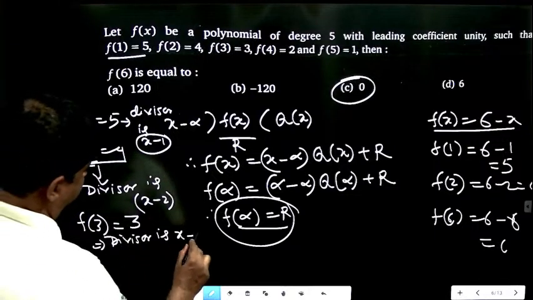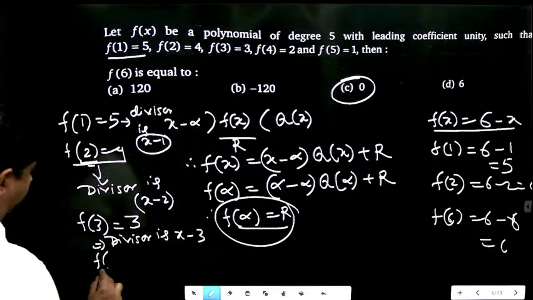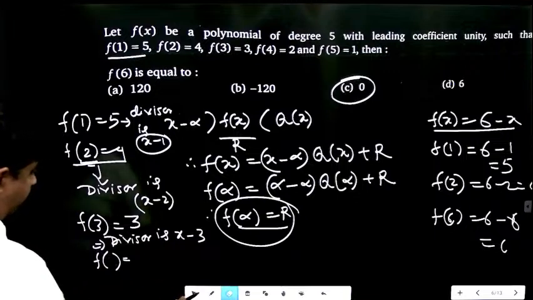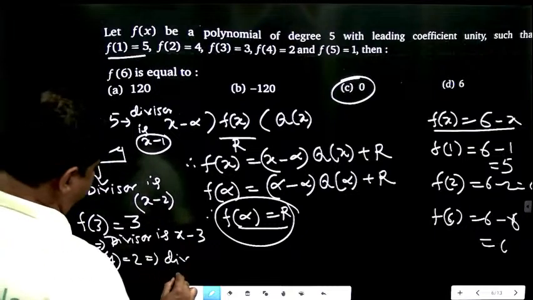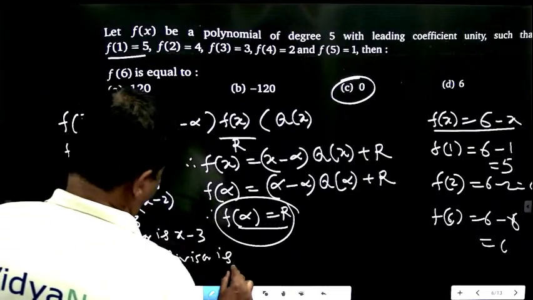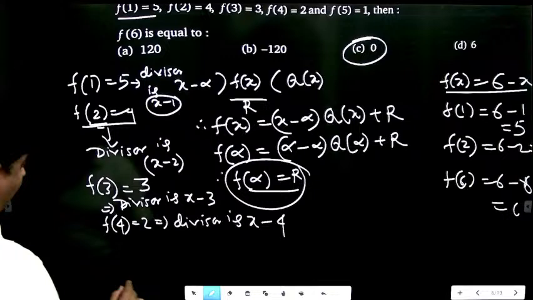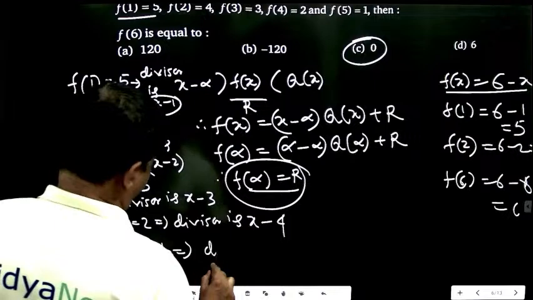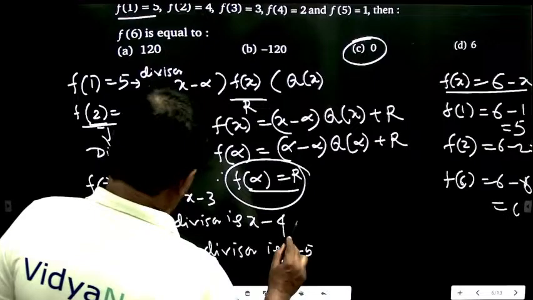divisor is x minus 3. Once you get this result, f4 is equal to 2, x minus 4, and once you get this result, divisor is x minus 5.